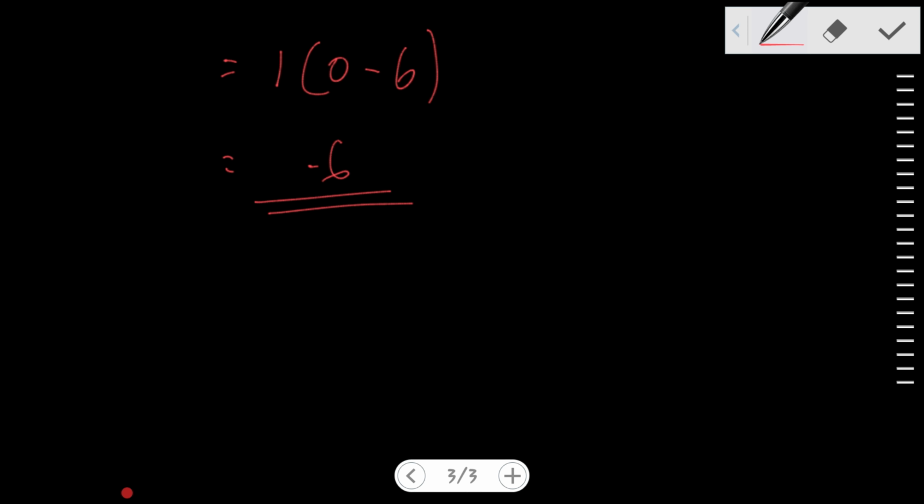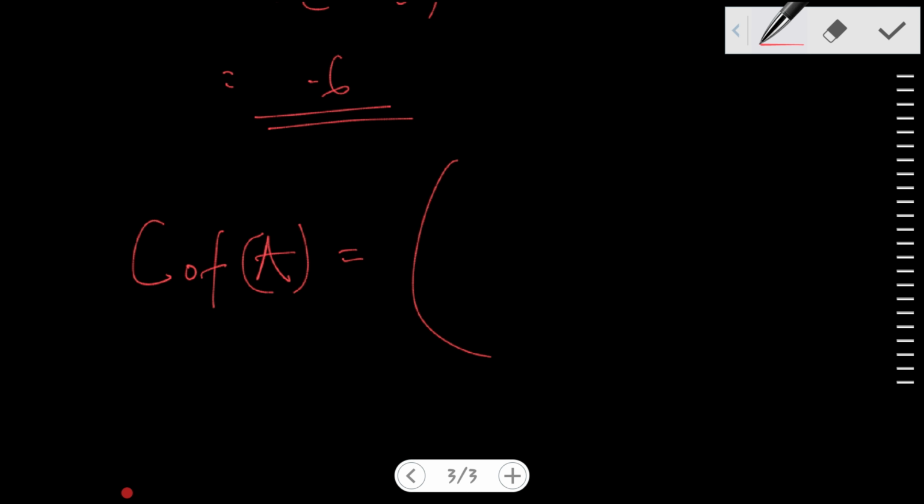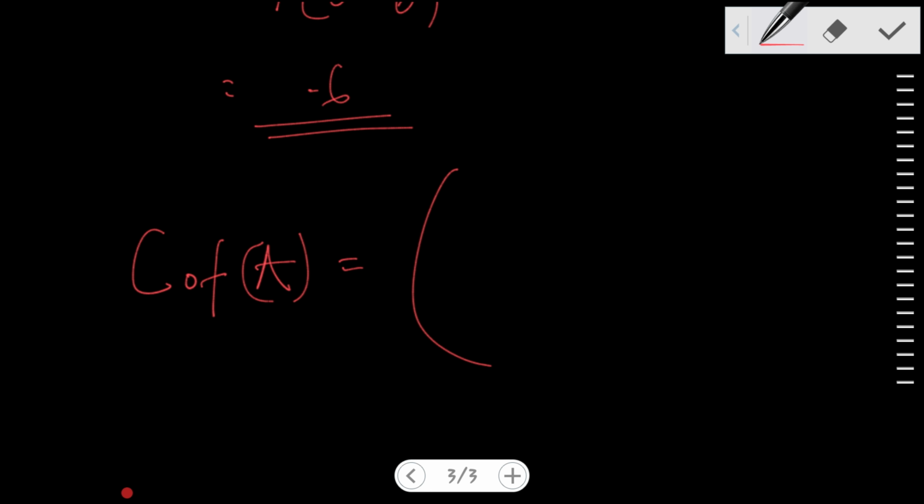Now the last thing that we should be doing is to form the cofactor matrix of A, right? So the cofactor matrix of A will be equal to, now let's form this. We are going to bring them in their order, right?